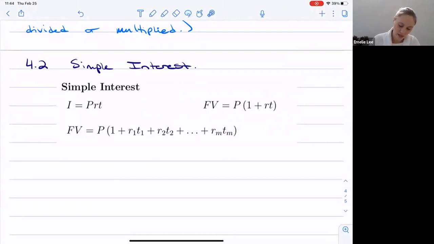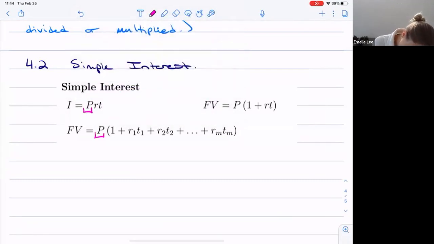We've already seen something like this. The future value shows up multiple times. P is in each of these formulas, so let's underline it.